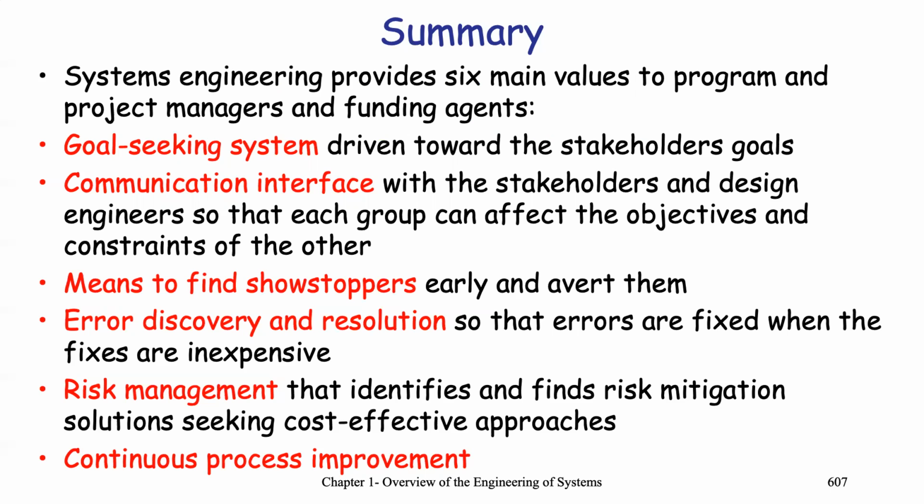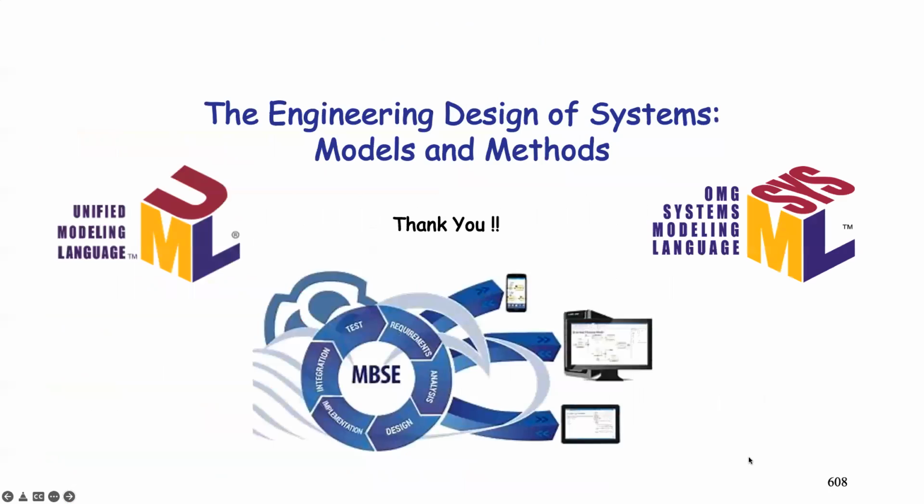Error discovery and resolution so that the errors are fixed when the fixes are inexpensive, and risk management that identifies and finds risk mitigation solutions, seeking cost-effective approaches. And finally, system engineering is helpful in being involved in the continuous process improvement of everything that's being done.